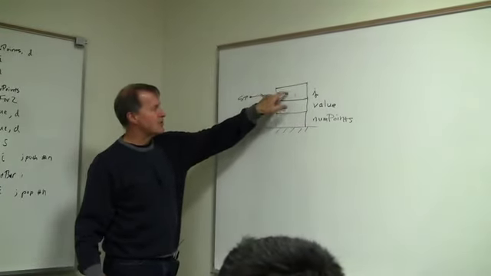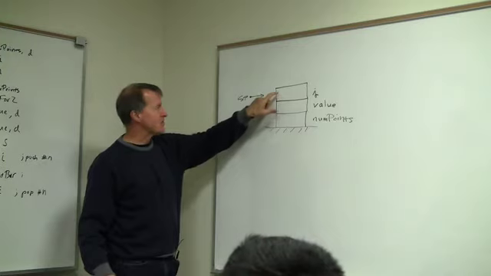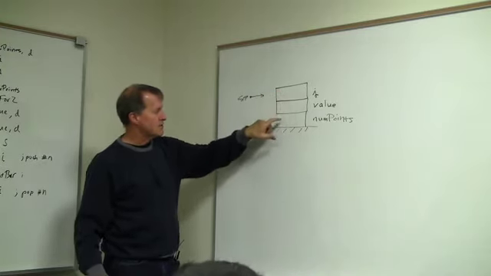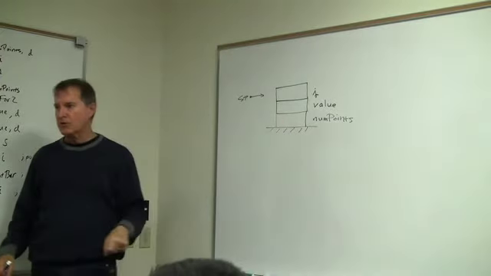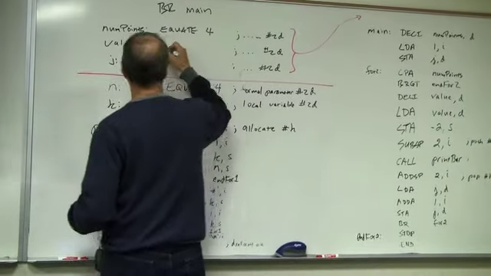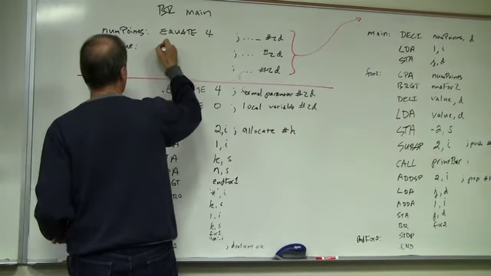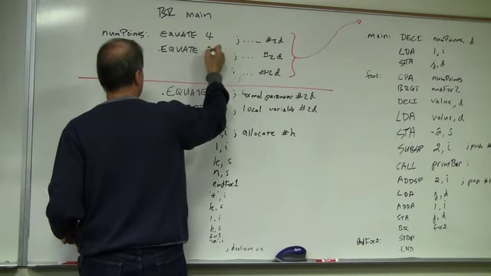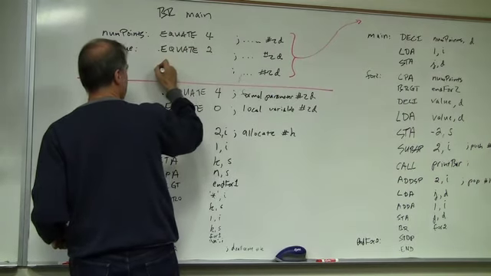There are 2 bytes in each one of these, right? The addresses are 0, 1, 2, 3, 4, 5. So num points is going to be 4. But we do change SP by 6, right? And then value will dot equate what? 2. And then J will dot equate what?